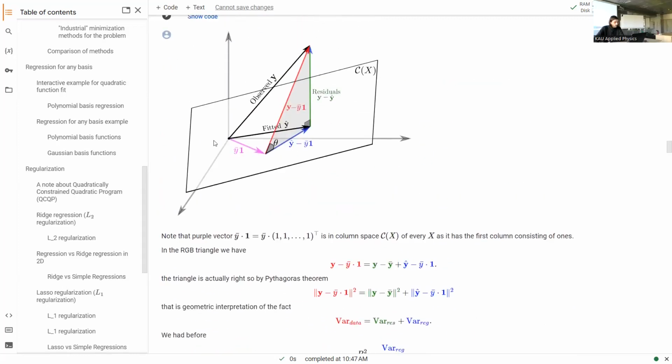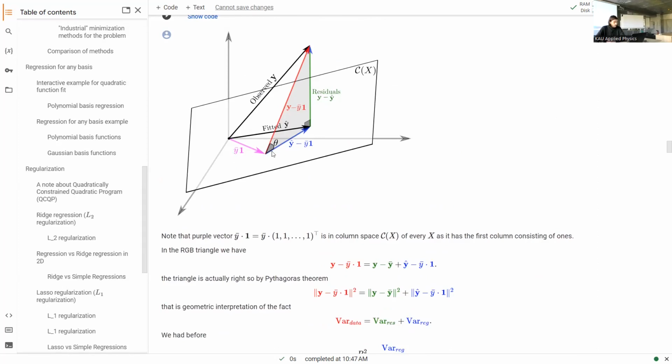So here is my observed y, here is my fitted y, here you have residuals, and if you build this sort of right triangle, you may know that if we have that constant feature, there is always a vector that is equal to the mean value of y times a vector that contains only ones. It always lives in the column space. Here it is, and you can build the right triangle this way.